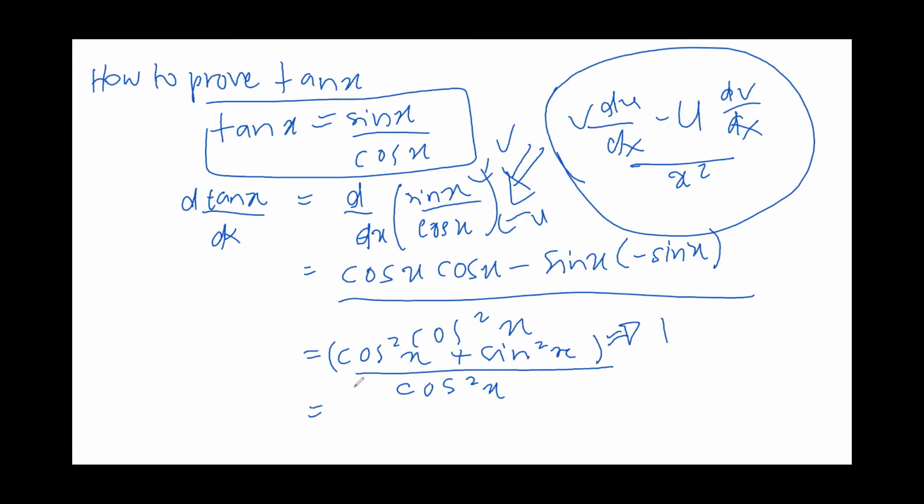So it will end up 1 over cos squared x or secant squared x. Okay? Okay, student? Boleh? Right? So this is where you can end up. What is tangent x derivation or differentiation? Okay? Ini cara dia how to prove it. Okay?